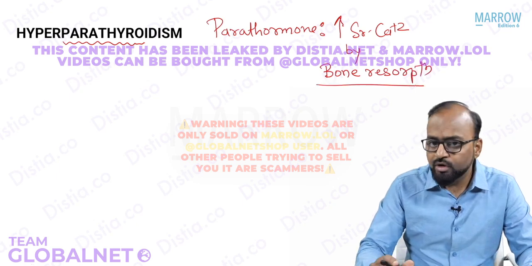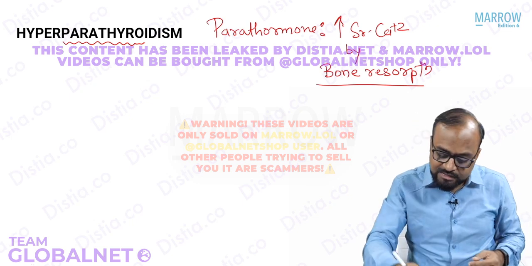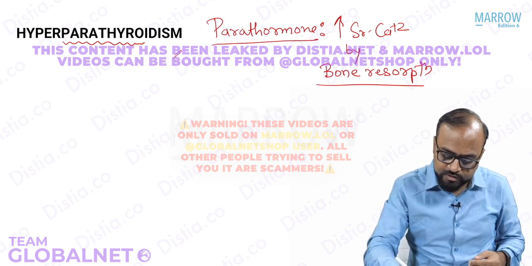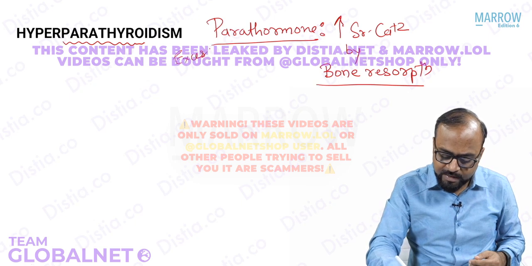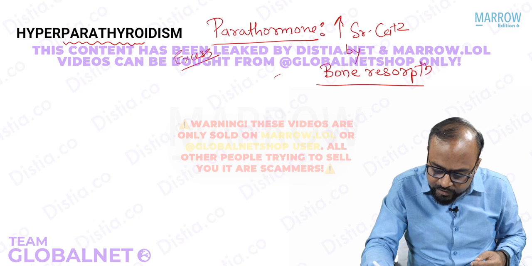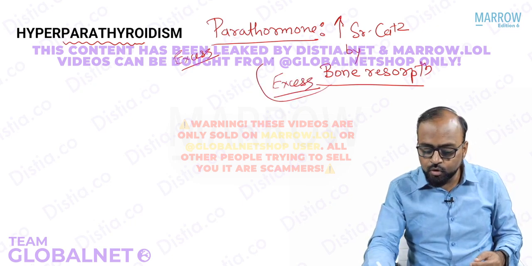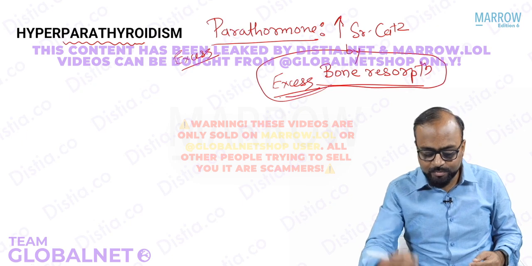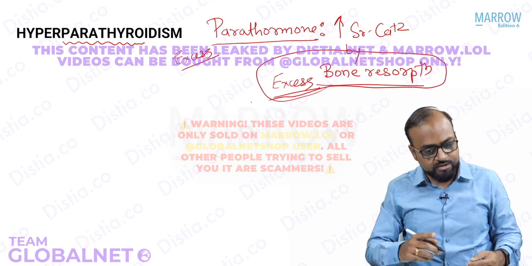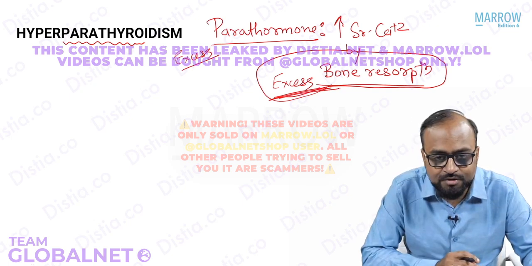Right? So now see what happens. If there is a tumor that secretes excess parathormone, so if there is excess parathormone coming from a tumor or an adenoma, what will happen? It will give rise to excess bone resorption, isn't it? And all the imaging findings in hyperparathyroidism result from this excess amount of bone resorption that occurs.